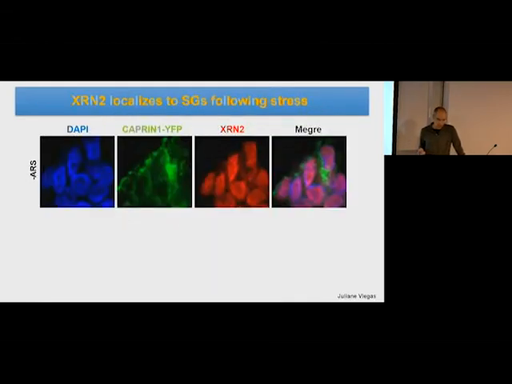So what's going on? It turns out that XRN2 actually relocalizes to stress granules following stress. You can see that XRN2 is indeed nuclear. This is staining for XRN2 in ES cells, right? And this is copperin. So they don't really co-localize.